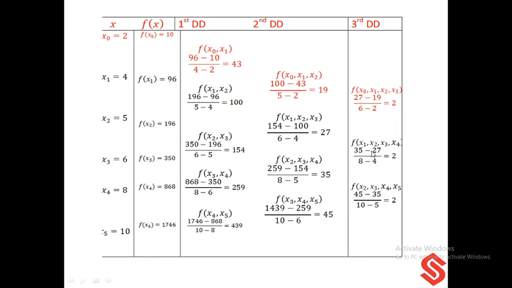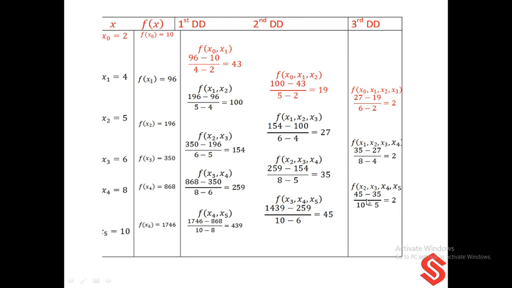Next, f of x1 x2 x3 x4 is equal to f of x2 x3 x4 minus f of x1 x2 x3 divided by x4 minus x1, that is 35 minus 27 divided by 8 minus 4 will get 2.